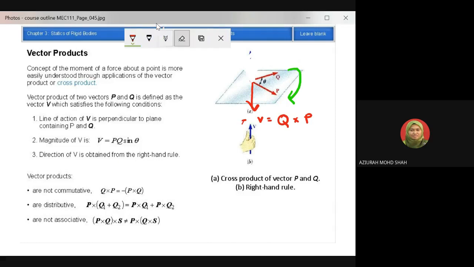Negatif J lah. Tadi atas adalah positif J. Okay, boleh faham tak? Clockwise, counter clockwise, right hand rules, yang mana tunjukkan moment. Can you follow?